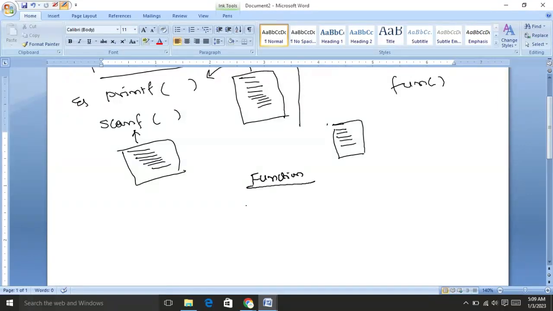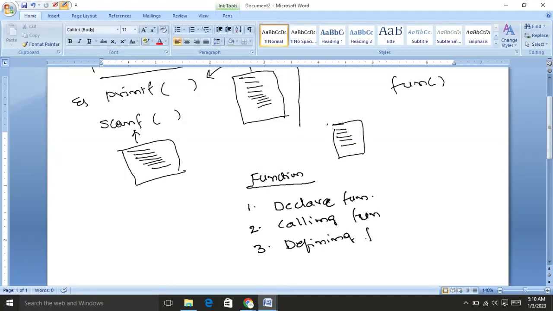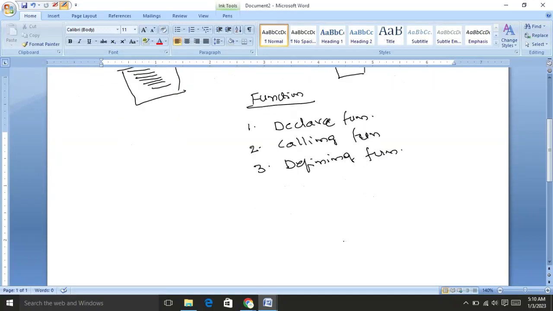The first point is we declare the function in the main program. The second one is calling the function. We call the function in the main program or within other functions. The third one is very important, defining the function. That means we actually write the code for the function.